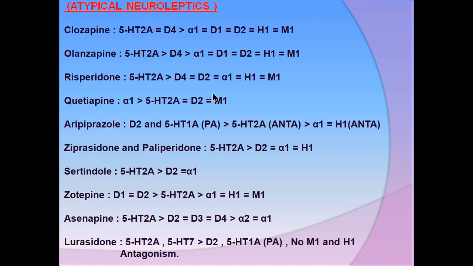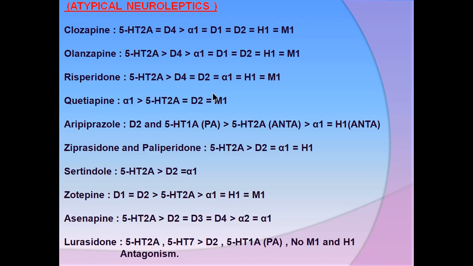Next drug, asenapine, has more affinity for 5-HT2A than that for D2, D3 and D4, which in turn have more affinity than that for alpha 2 and alpha 1.